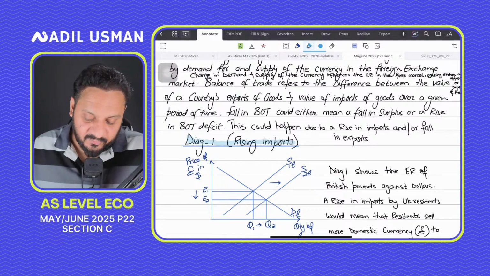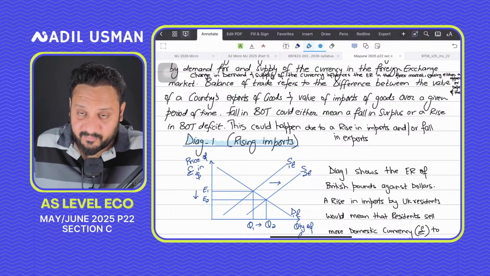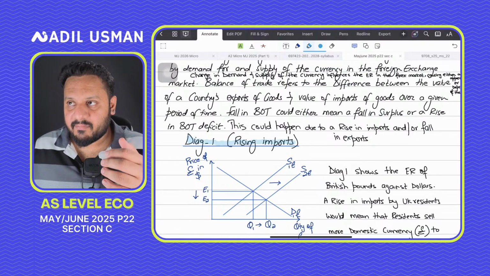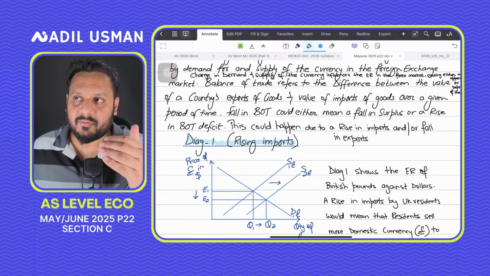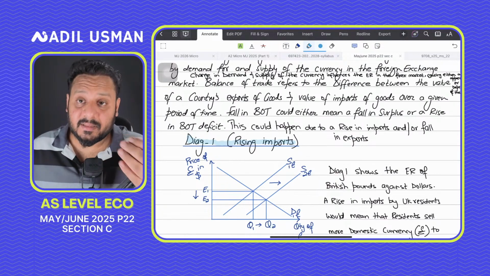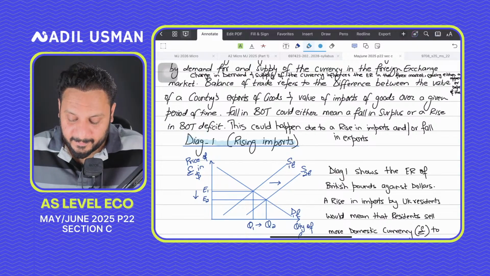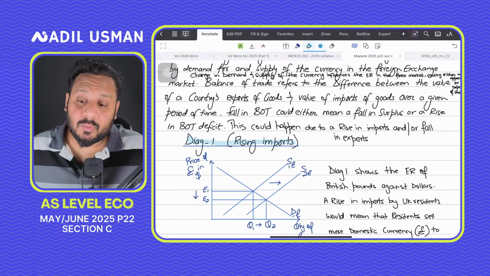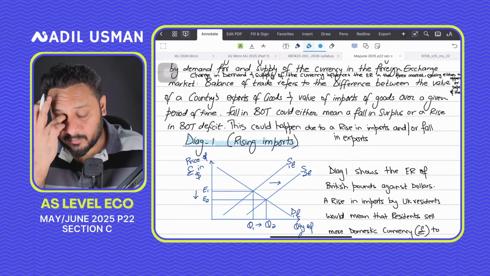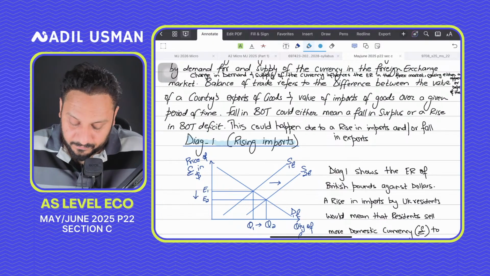So these financial flows are often much larger and much faster, which means that in an instant you can move money from one country to the other, right? So they're much faster and much larger in terms of moving money here and there as compared to trade flows, which are relatively slower.